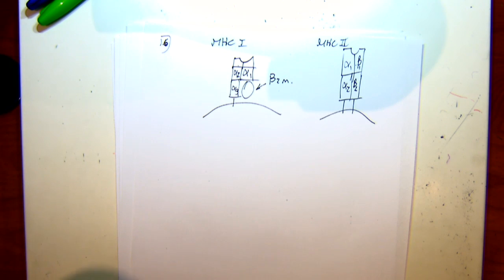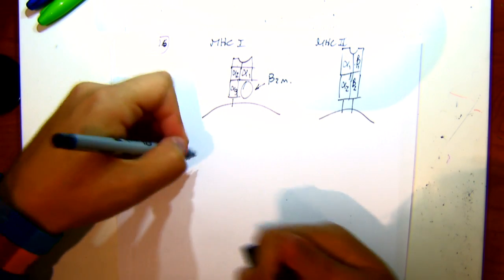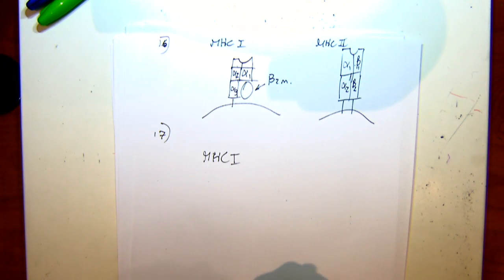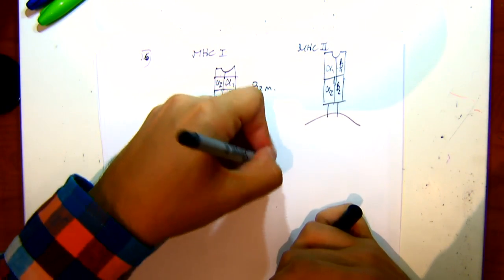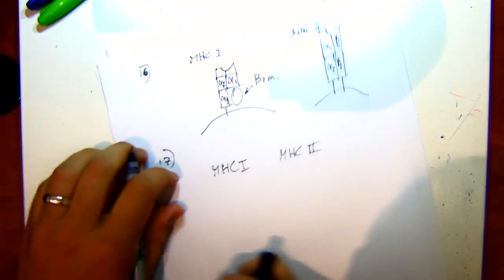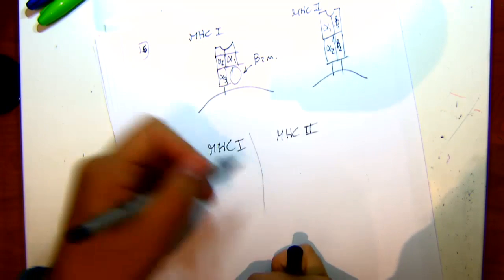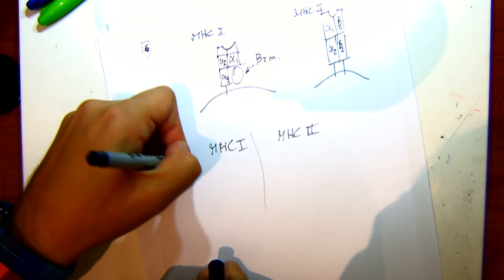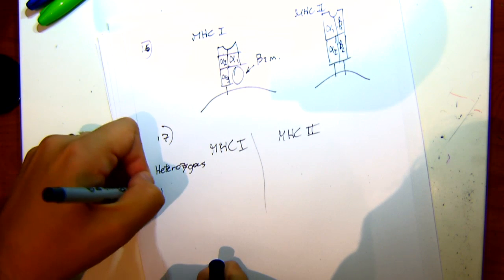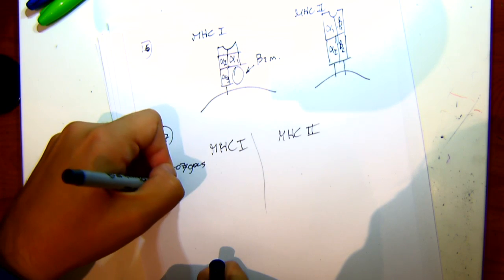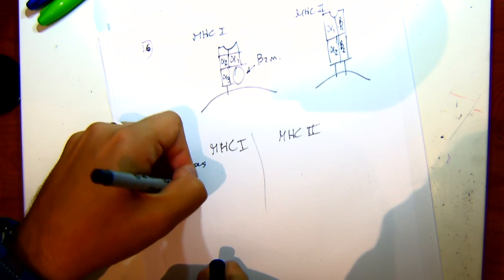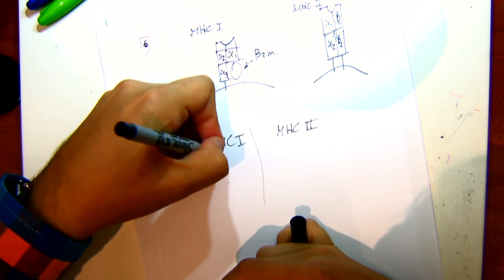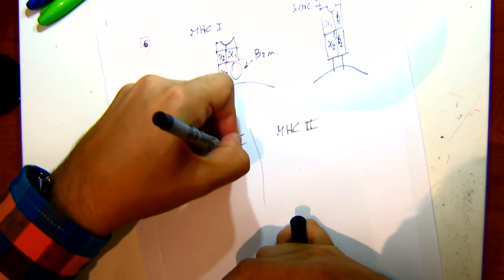So this is 17. If you have a question like this and you get confused, you start blanking, you can just do this easy chart and remember it. You have MHC1 and MHC2, and you can be either heterozygous or homozygous. If you're heterozygous for MHC1, you can have up to 6 genes.